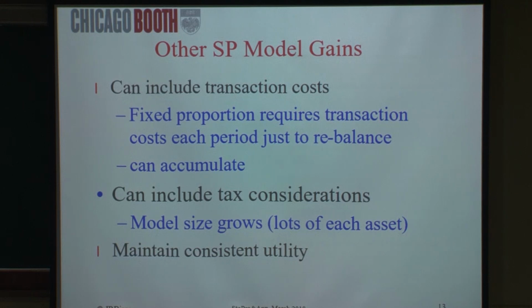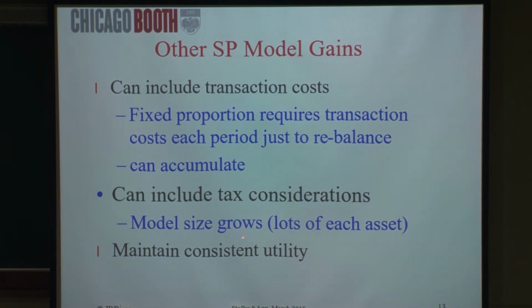Okay, so the other thing with a stochastic program is, what can it do? It can include transaction costs, so if there were costs to rebalance in any of these time periods, I could include those as well. I could include tax. One thing that's often not included in these models is the tax that you might have to pay on returns.